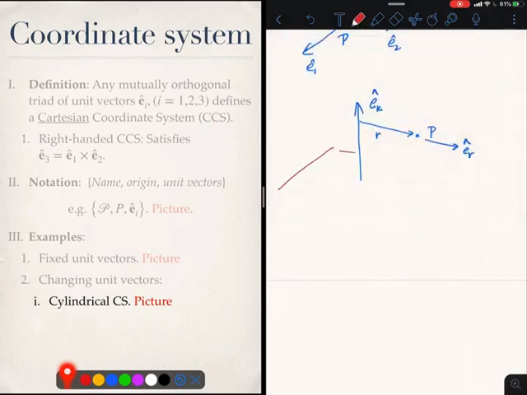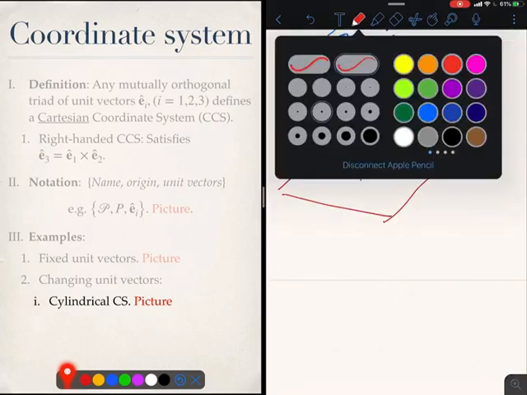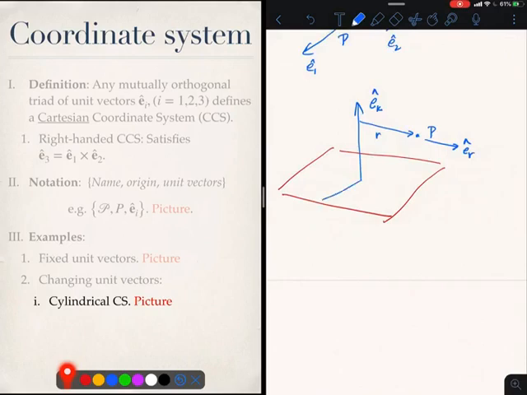In that plane I can define a reference line, and project this point down, and measure this angle, which let me call theta. This defines the third unit vector like that. It is normal to the plane formed by EK and ER.